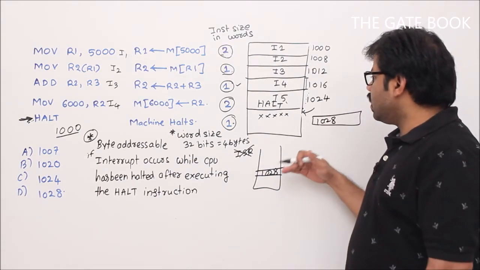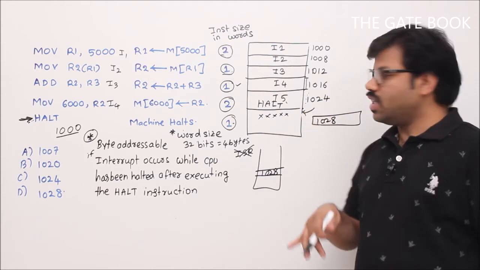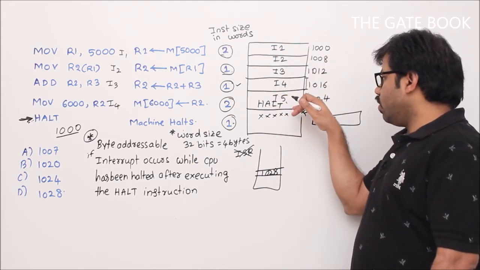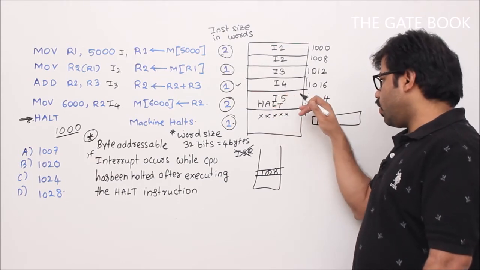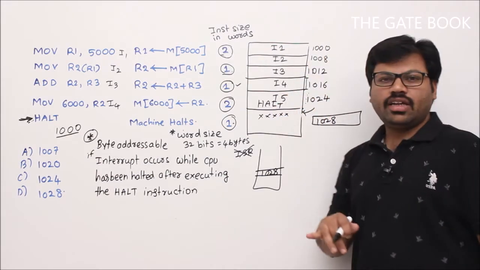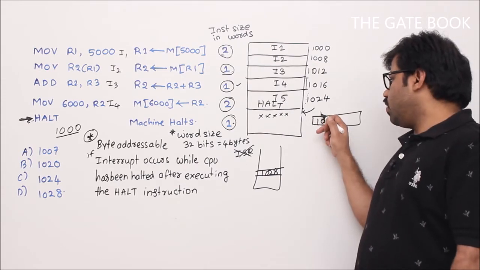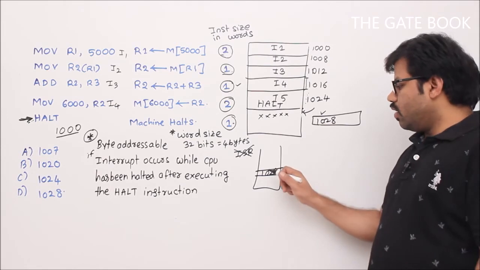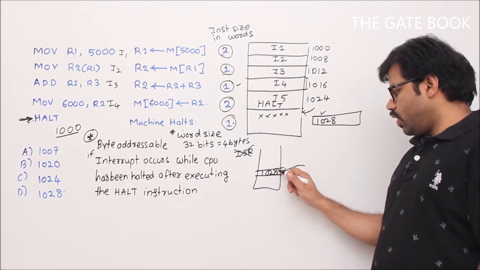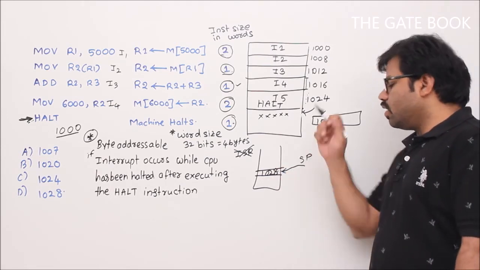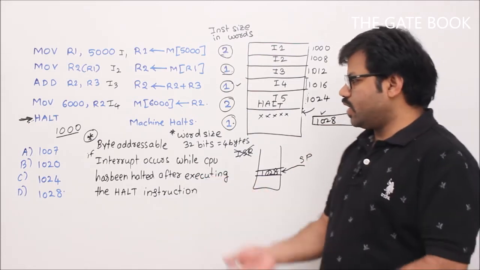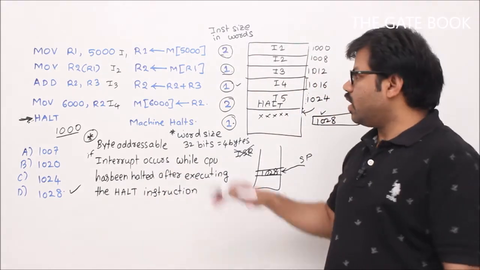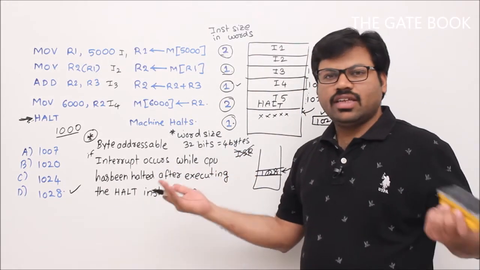The normalcy is coming back to 1028, because up to instruction I5, which is located at 1024, we are done. The program counter was at 1028, so we have to come back to 1028. For that we have to store 1028 in the stack, correct? So this is a very simple question. That's why I can say option D is the answer, right? If you understand the question, there is nothing to it.